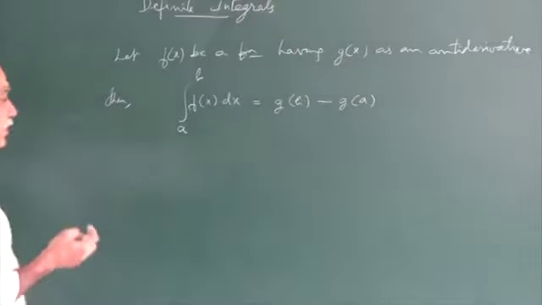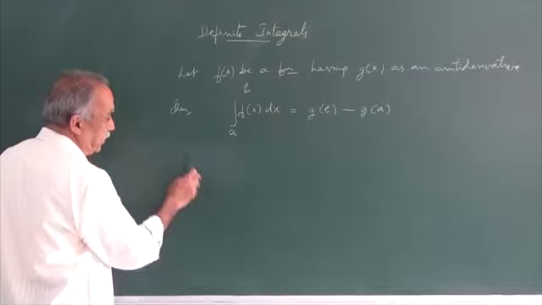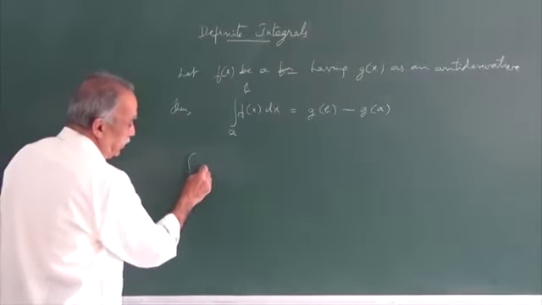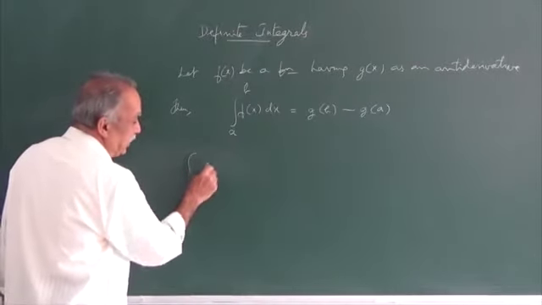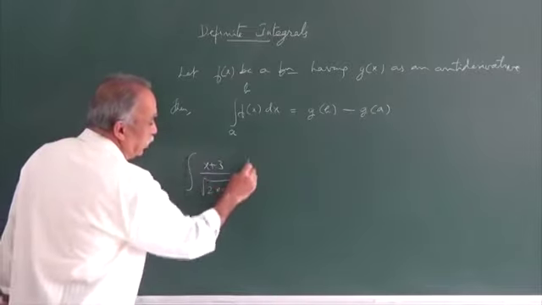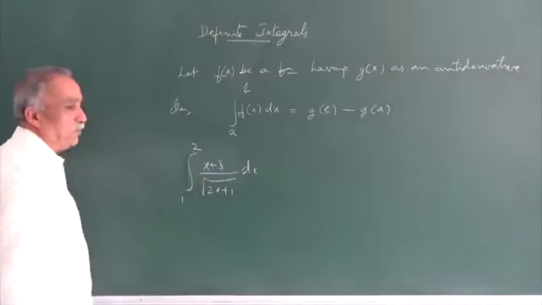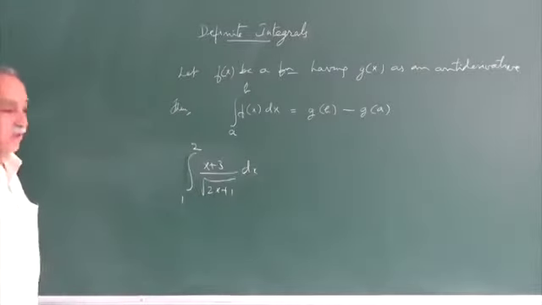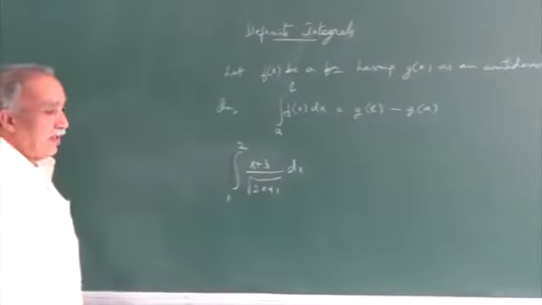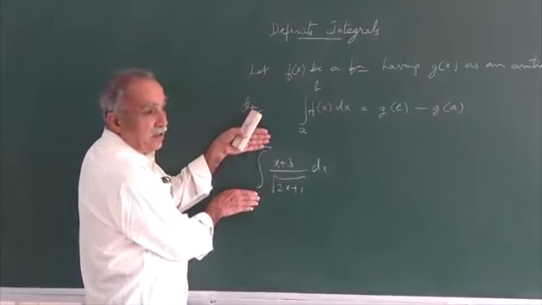As an example, let me consider the integral of x plus 3 divided by root of 2x plus 1, to be evaluated between the limits 1 and 2. Very simple exercise. The procedure for evaluation will be: first you obtain the indefinite integral.